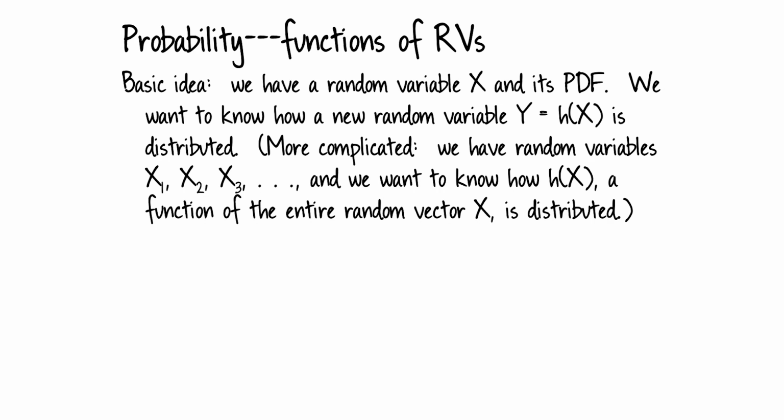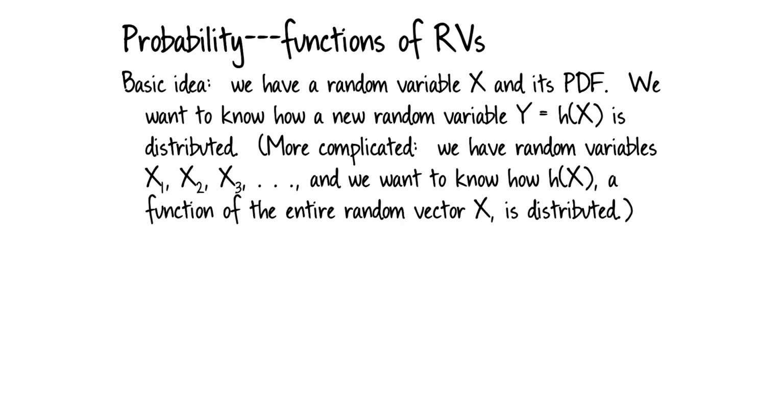Okay, so the basic idea is that we have a random variable x, and we know its distribution, okay? And we want to know how a new random variable y, which is some known function of x, is distributed.